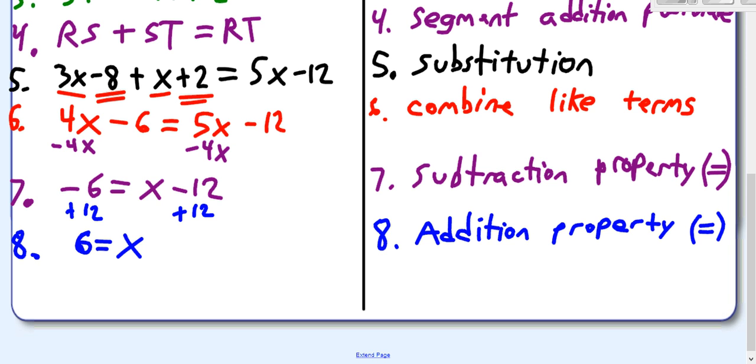Really, that's done. I'm going to add in one more thing just to show you, because sometimes you want x to be on the left side. A lot of times that's the way you prefer to see it, x equals 6. And we named what that property was earlier: x equals 6 from 6 equals x. Remember, that's just flipping it over. It's called the symmetric property.